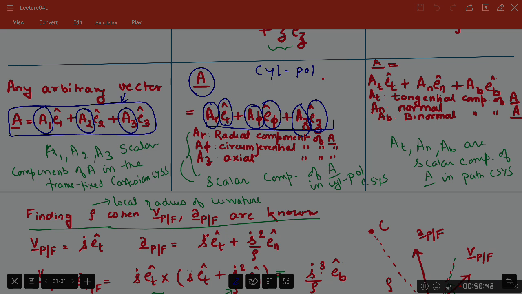On the other hand, if your chosen coordinate system is the path coordinate system, then your vector A will be expressed as a scalar component multiplied by the tangent unit vector, another scalar component multiplied by the normal unit vector, and yet another scalar component AB multiplied by the binormal unit vector.